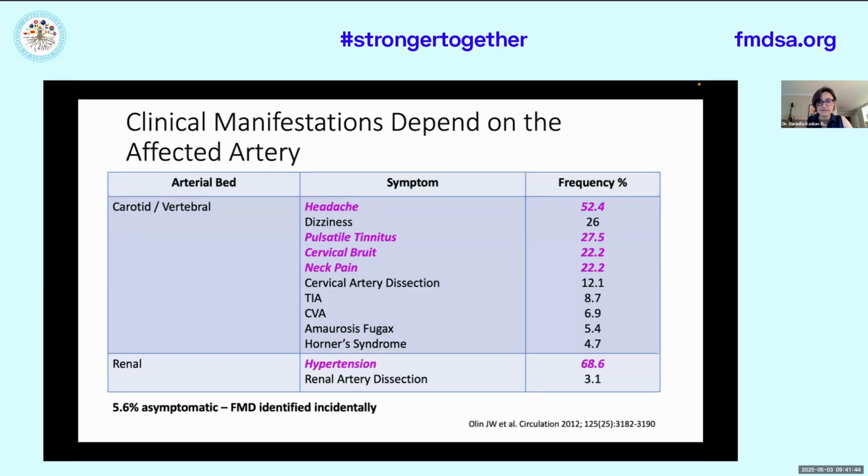Frequently, if we put a stethoscope on the neck of the patient up by the angle of the jaw, we can actually hear the whooshing, and that's something we call a bruit. Sometimes patients will present with neck pain. We have other complications like stroke symptoms, and those are by and large related to dissection or aneurysm. For the renal arteries, high blood pressure is really what we see people come in with.